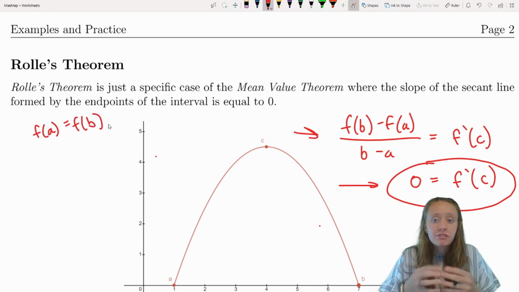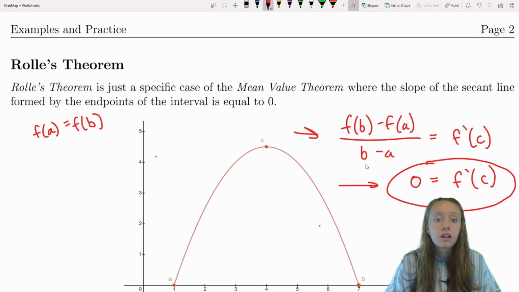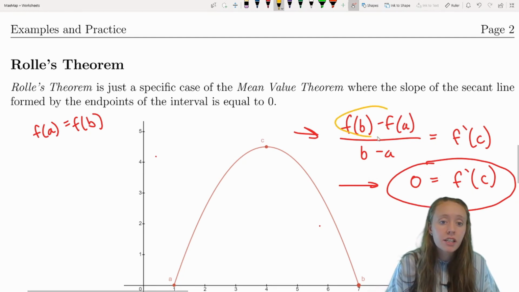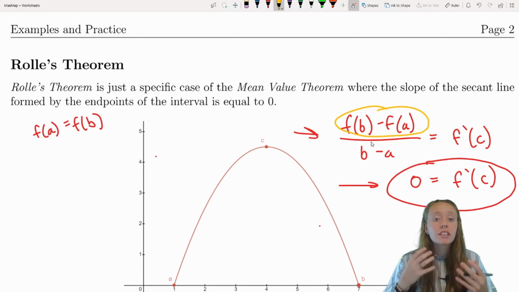Because think about it, if I want my slope to equal 0, I need this numerator to equal 0. And the only way that numerator is ever going to be 0 is if f of b is equal to f of a. So Rolle's theorem has the same conditions as the mean value theorem, plus one extra condition: f of a equals f of b.